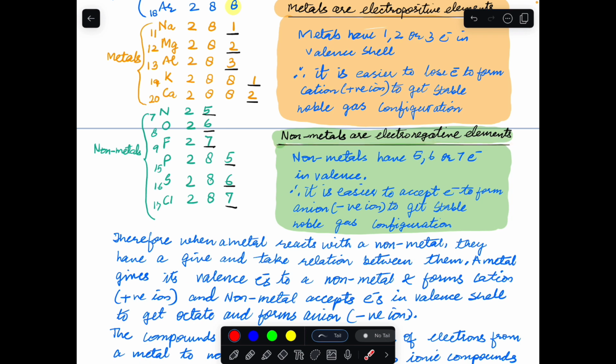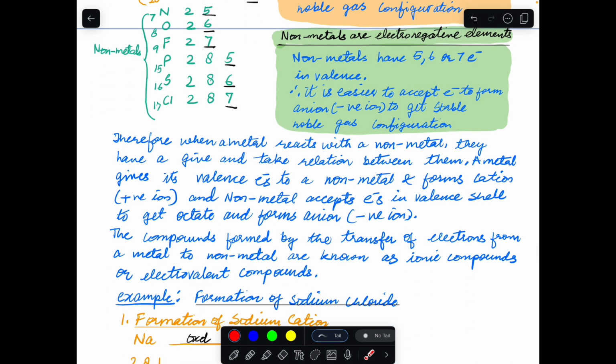So when an electropositive element comes in contact with an electronegative element, what will happen? When metal reacts with a non-metal, they have a give and take relationship between them.